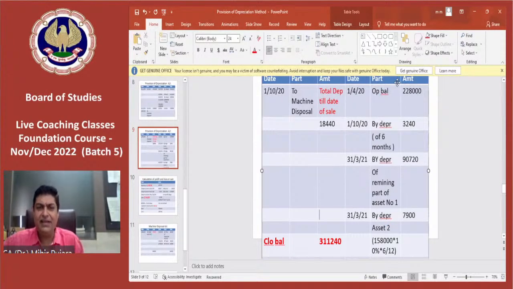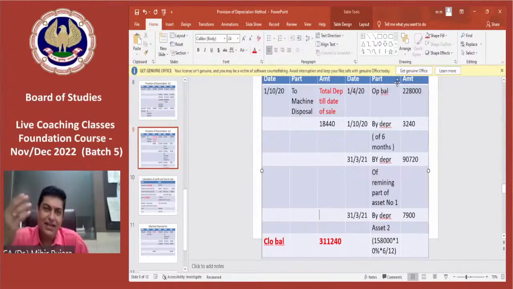Bala Sanjay Lakshmi, 1120. You do the calculator. You write on calculator 11,20,000. Then minus 10 percentage, minus 10 percentage. So you will get this opening balance 907,200.